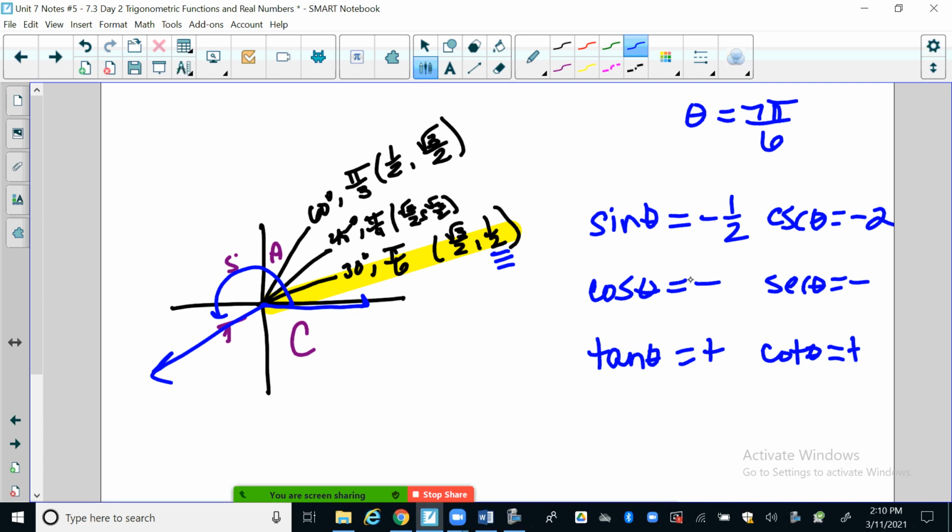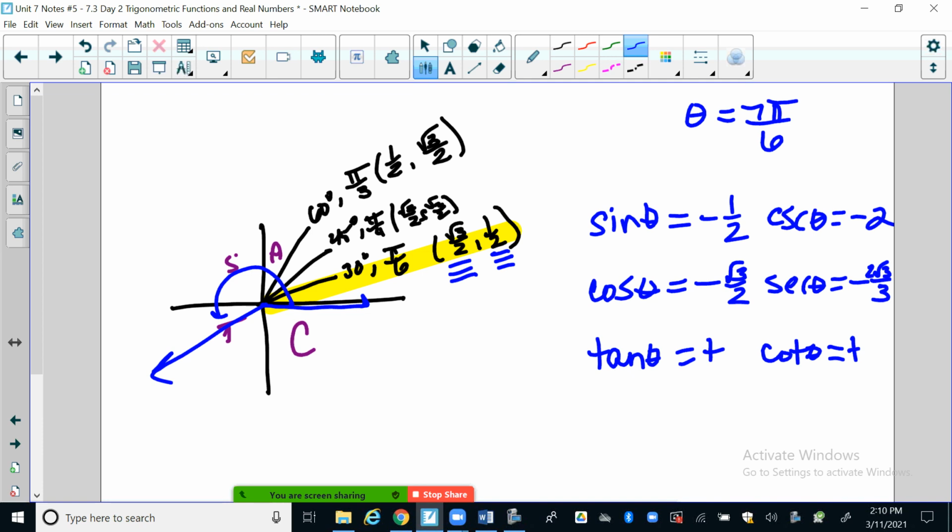Cosine of theta is negative square root 3 over 2. So secant of theta is -2 root 3 over 3, when we reciprocate that and rationalize.